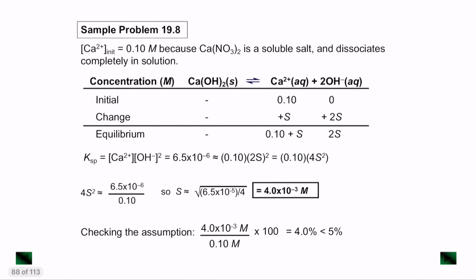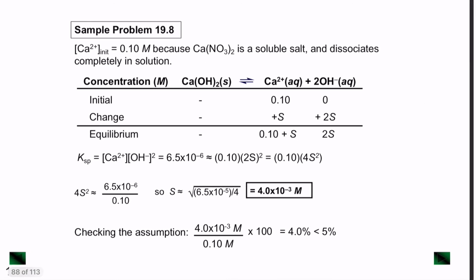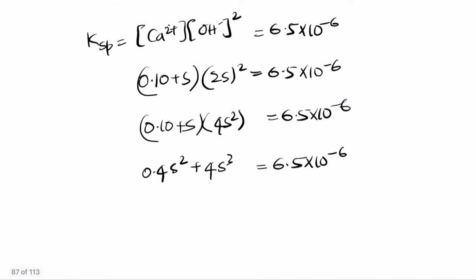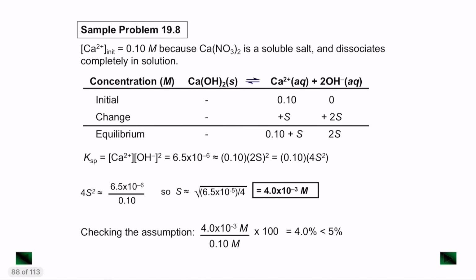Now in this problem, because the S value is really small, we can neglect the 4S cubed term and focus just on 0.40 times S squared.